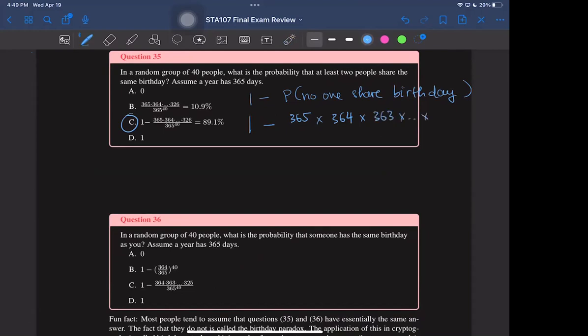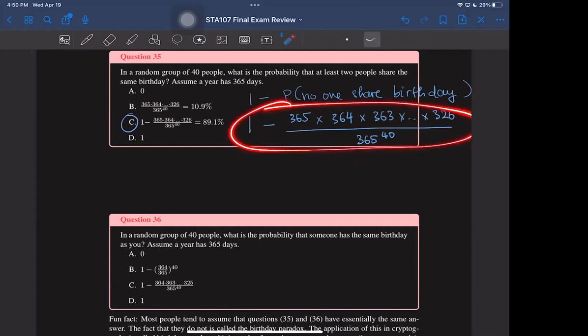And like that up to the 40th person. So that is the number of choices for birthdays, divided by all the possible choices, where everyone has 365 choices for their birthday if there is no restriction. So this one would give you the probability that there are at least 2 people who share the same birthday.